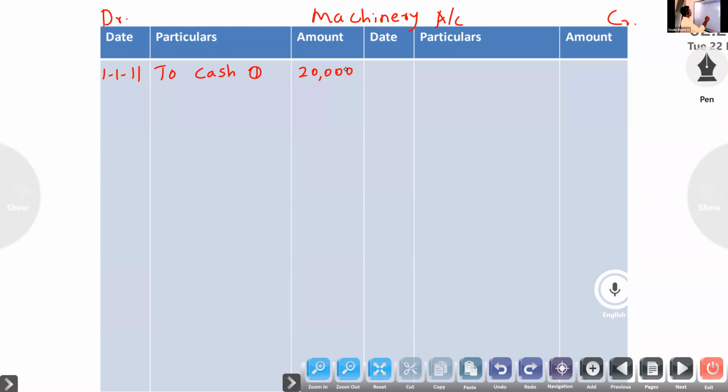This year no other transaction, 31st December 2011. Next is 1st July 2012 only. By depreciation, 10% only, 2,000. By balance CD, 20,000 minus 2,000, 18,000.